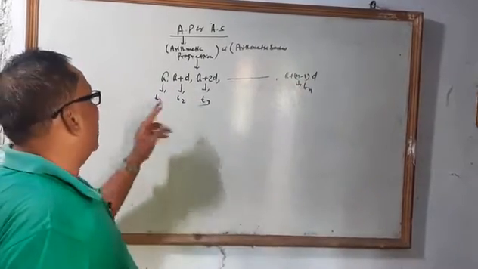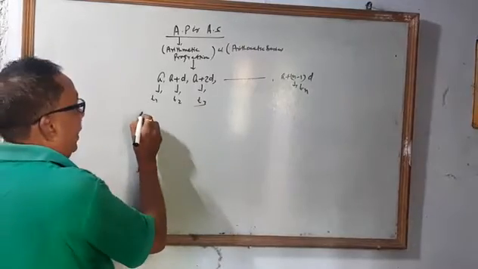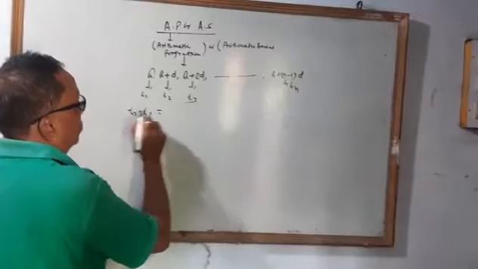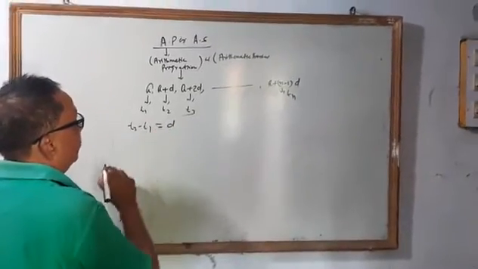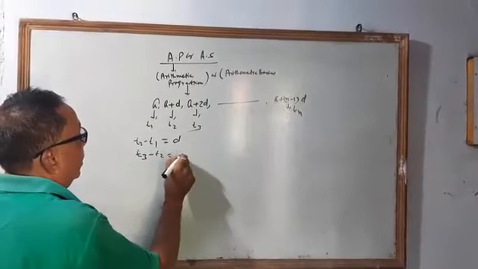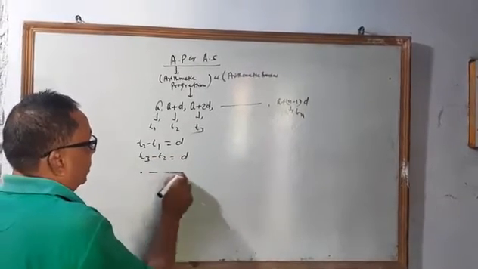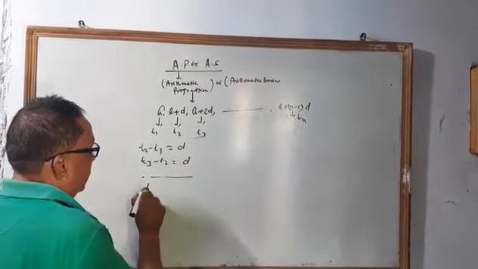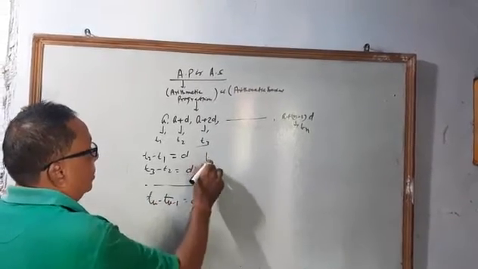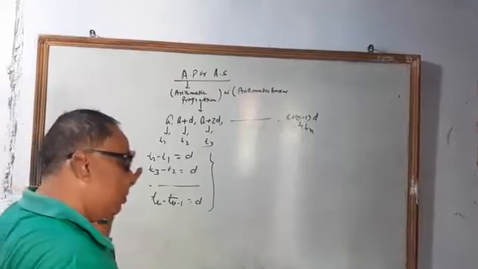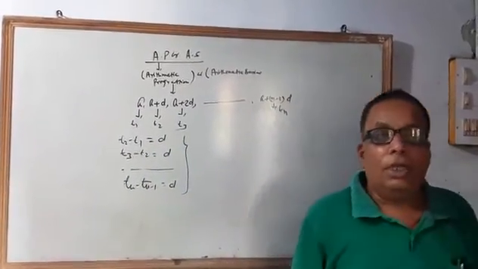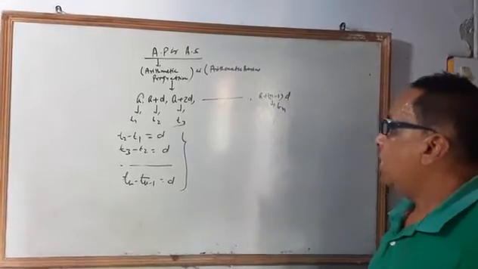Here you will see that the second term minus the first term will be d, the third term minus the second term will be d, and so on, so tn minus t(n minus 1) is d. All the consecutive terms having the same difference means the series is an AP.